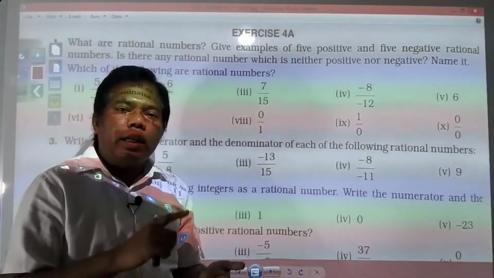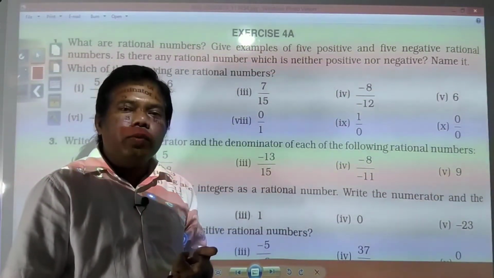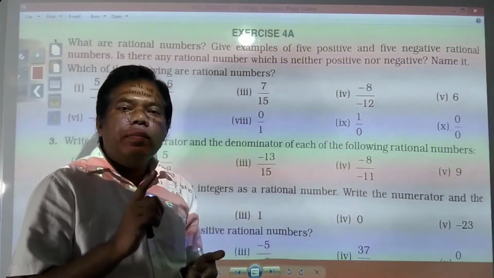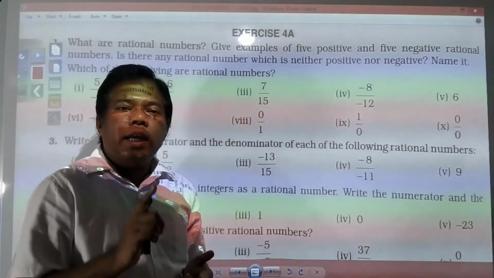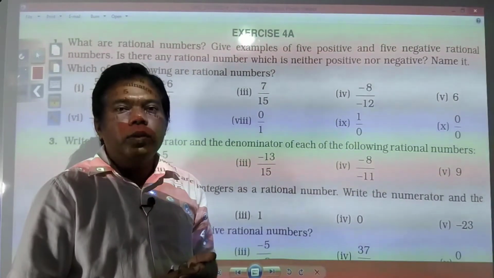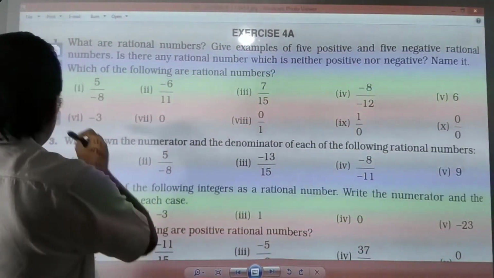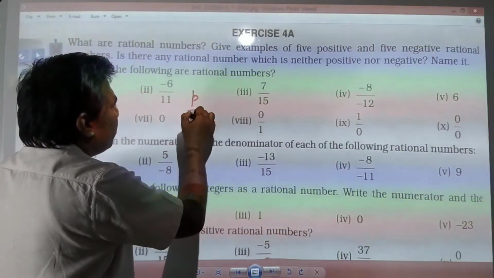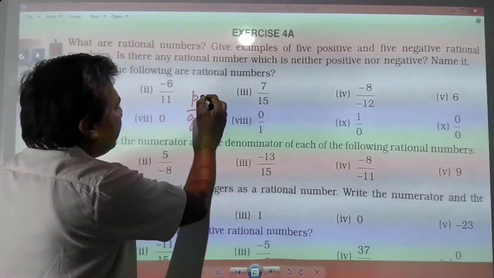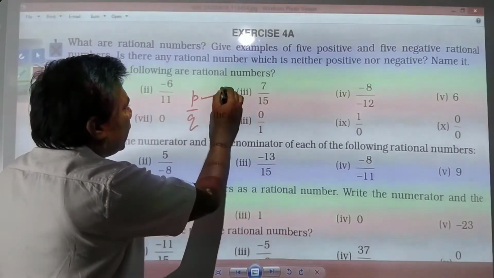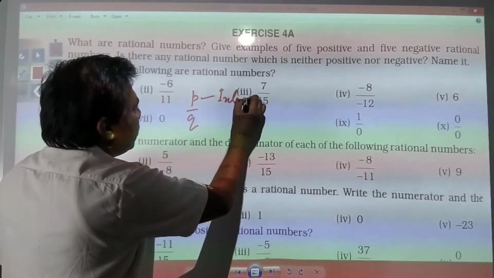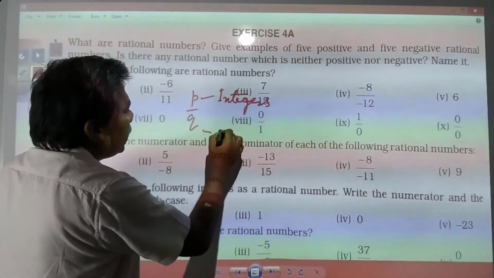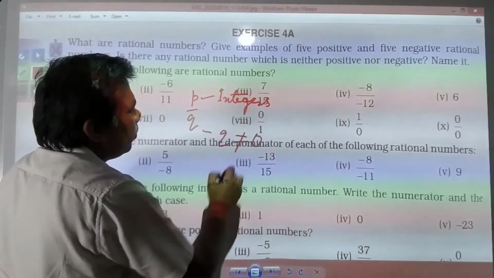You will write, rational numbers are the numbers which can be expressed in the form of p by q, where p and q are integers and q must not be equal to 0. Any number which can be expressed in the form of p by q, and p and q both are integers, and q is not equal to 0.